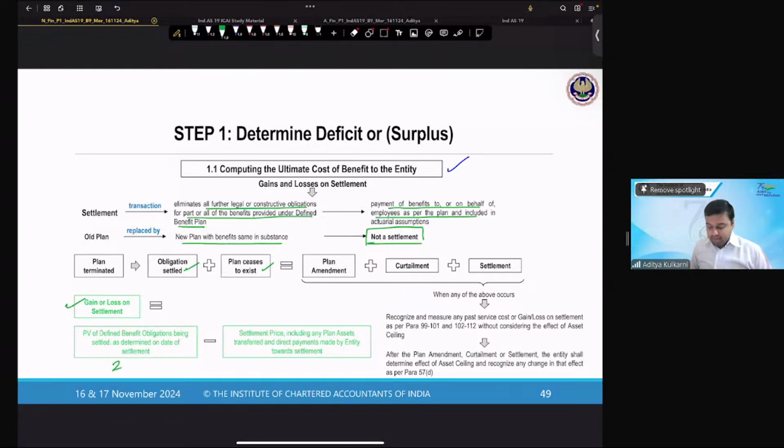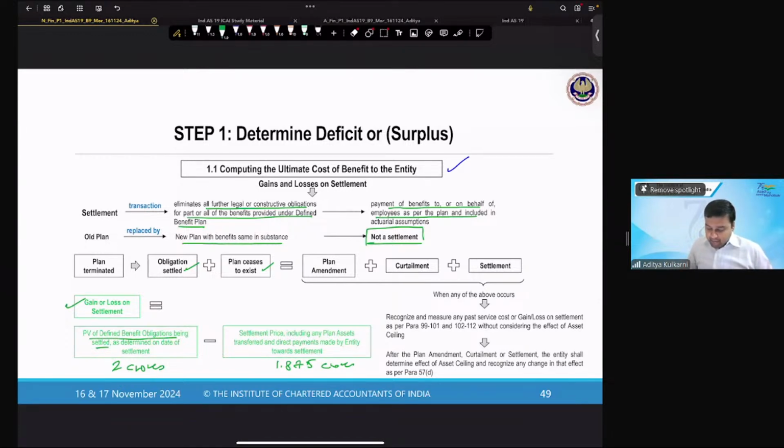PV of obligation settled, 2 crores. हमारे question में it was 2 crores. Minus settlement price including plan assets transferred. तो ये कितना था हमारे question में? 187,500. 1.875 crores. Okay. So this difference, we have recognized it as a gain or loss on settlement in the P&L.